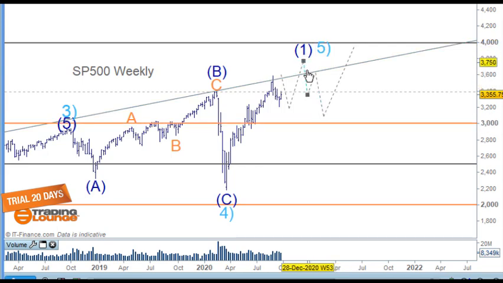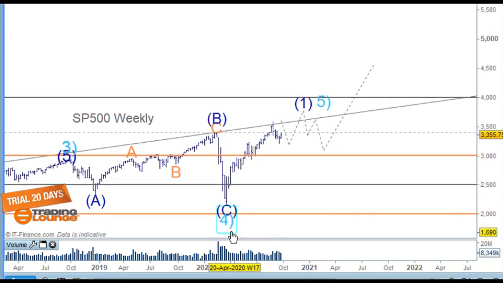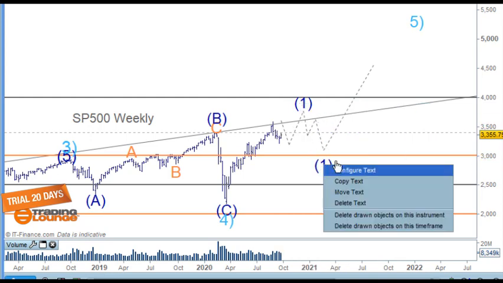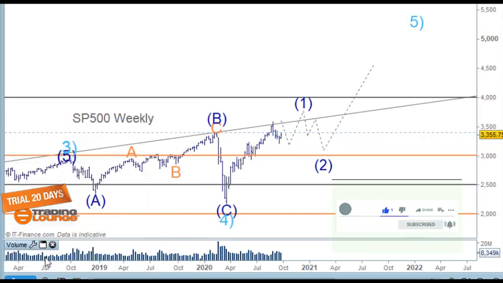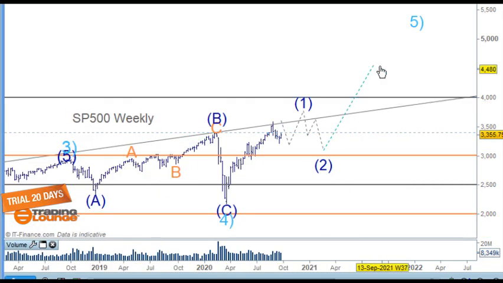If it is wave 1, then we'll see an ABC pullback, and then we'll see wave 3 move to the upside. So that means that this wave 4 to this wave 5 will have 5 waves in here. So we'll be looking at wave 1 and wave 2 for this, and then moving up for wave 3, 4 and 5 up here to finish off this wave 5.